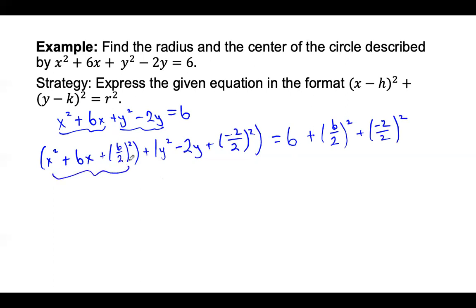6 divided by 2, you're correct, is 3 squared is 9. So this is going to be x plus 3 squared. This is going to be y minus 1 squared. Here on the right-hand side, this is 9 plus 1.